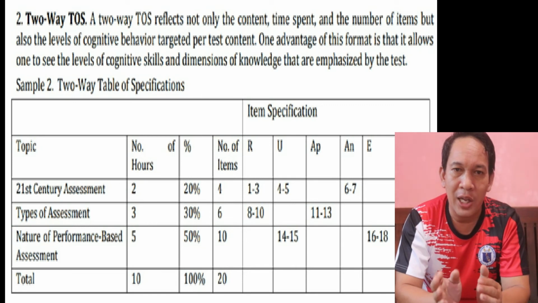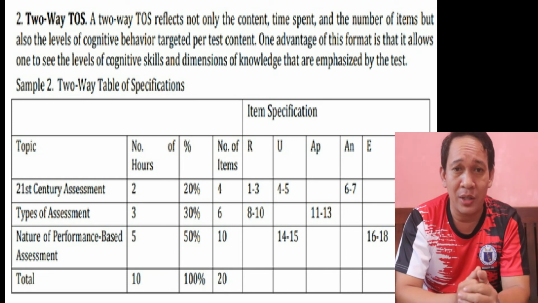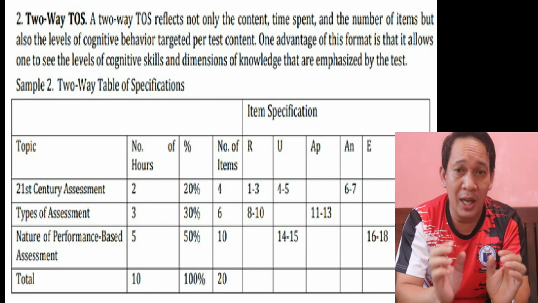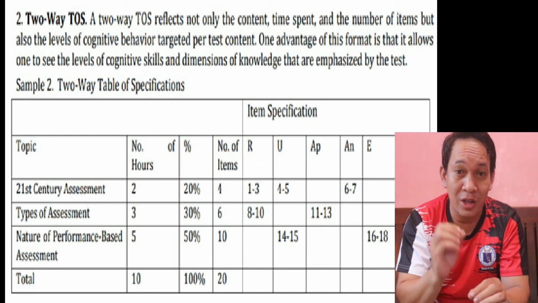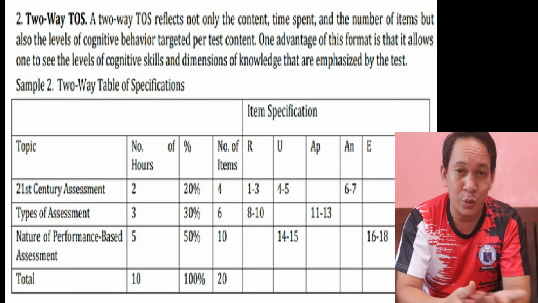So of 40 items, 6 are intended for it. You distribute them, 8 to 10 for remembering, plus other items on application. But anyway, there will be a thorough discussion regarding this as we go along on developing the test questionnaire.